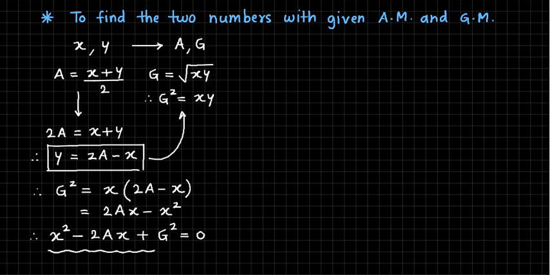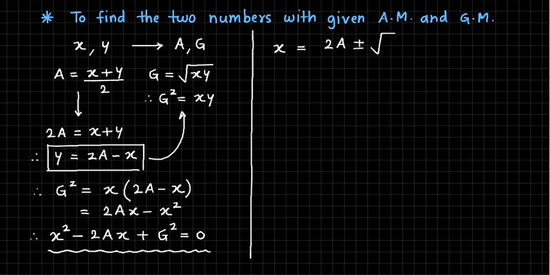So you see here we get a quadratic equation in x. So let us write down the roots of the quadratic equation by quadratic formula. In general x is given by, now it is minus of middle coefficient, so that will make it plus 2A plus or minus square root of discriminant, which is minus 2A the whole square, which is nothing but 4A square, minus 4 times the coefficient of x square, which is 1, multiplied by the constant term, which is G square.